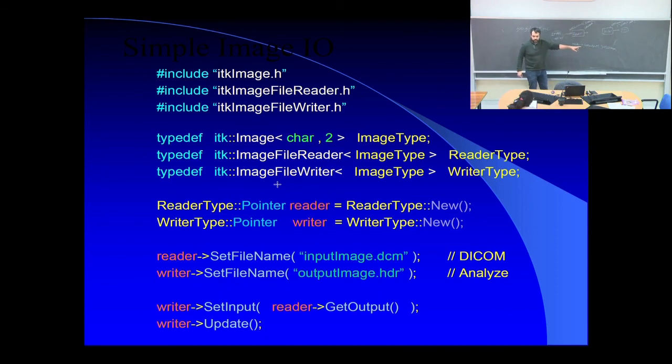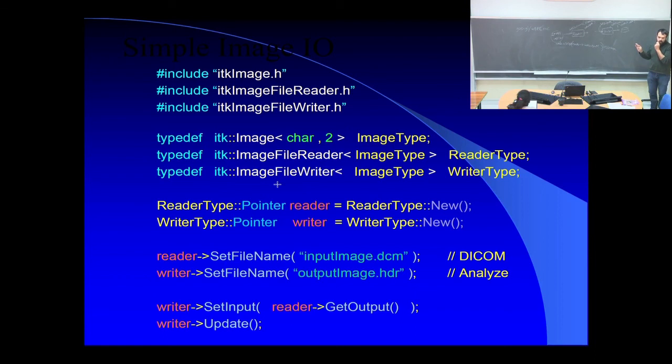You just have to put this get output, something like this. The writer has a method that is called set input. If you want to connect those two, you just have to put writer set input, the output of this. Does it make sense?